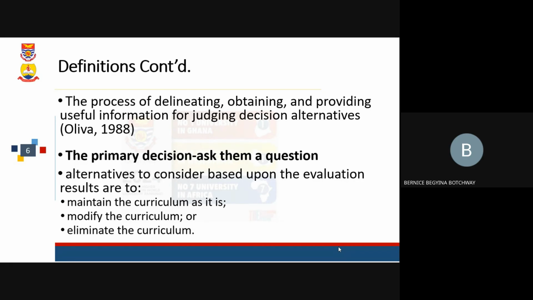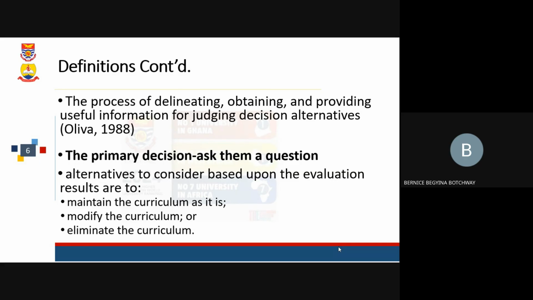So the purpose of doing all this is to support better decision making. And the primary decision that they will take is kind of in question form. They'll look at all the alternatives that they have. The alternatives are to maintain the curriculum as it is, modify it, or eliminate the curriculum.